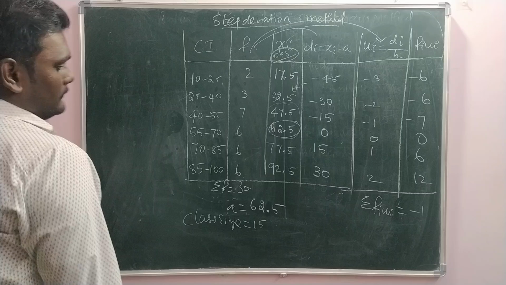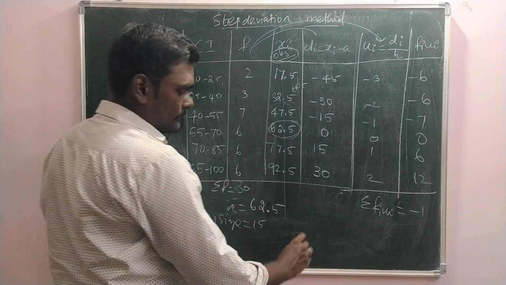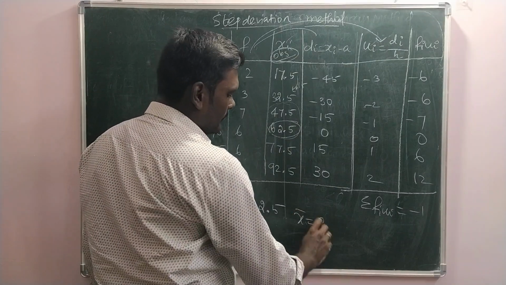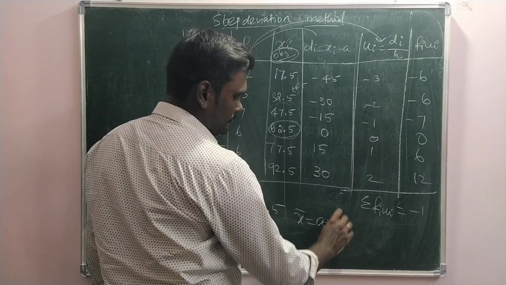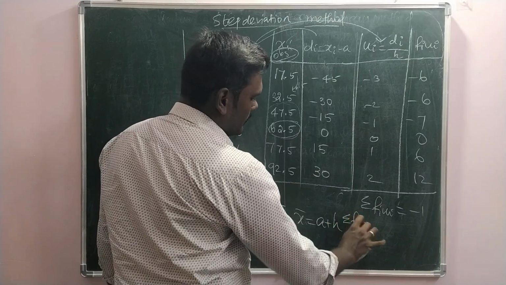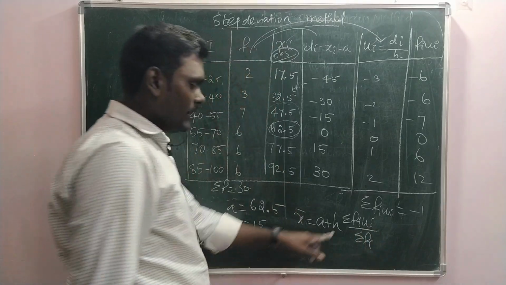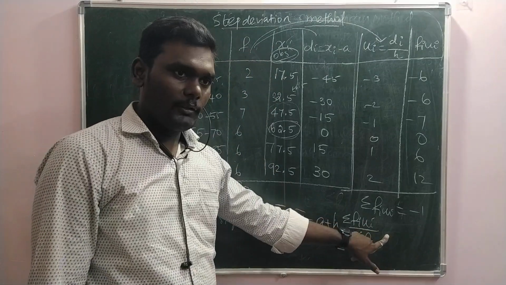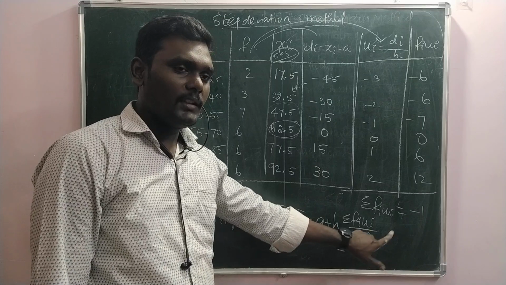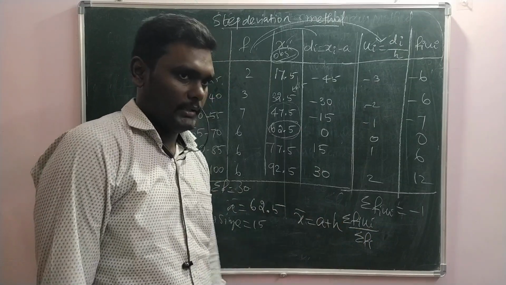Now what is the formula in the step deviation method? A plus h into sigma fi ui by sigma fi. Usually they will say the h after this only, but there is a chance that we may miss that h. That is why I am always using h in front.